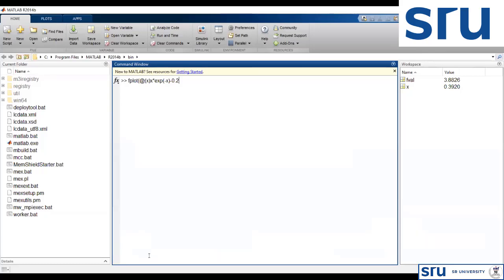Then the limit was given 0 to 8. So that limit you take comma, then square bracket 0 to 8. Then close the bracket. Then grid on.